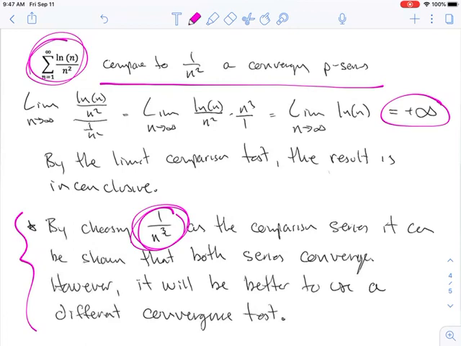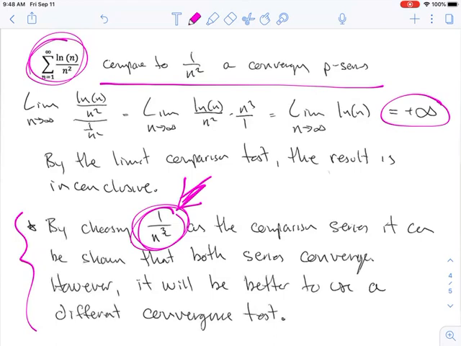So we could see if we use this, go ahead and try it. If you use 1 over n to the 3 halves power, which is a converging p-series, then the limit will end up existing, and therefore the limit comparison test will say that it converges.